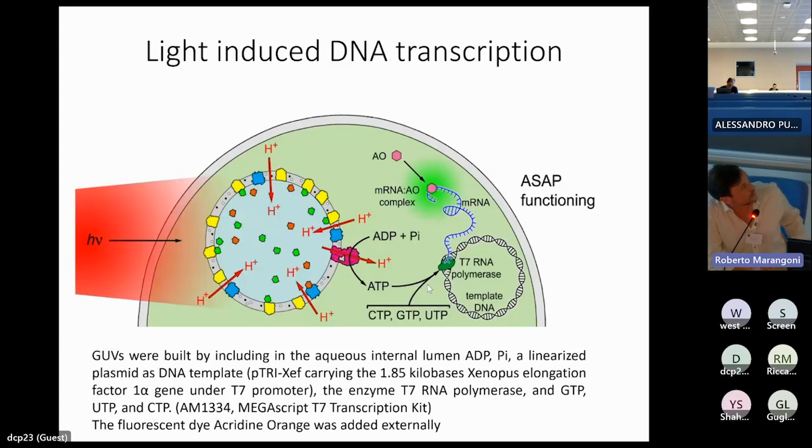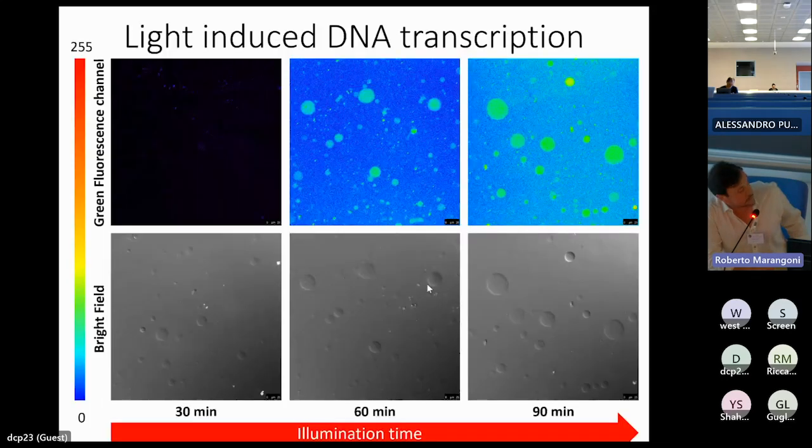We also add the acridine orange, a fluorescent dye, a compound that when forming a complex with mRNA gives a fluorescence emission. So this is the result of our experiments.